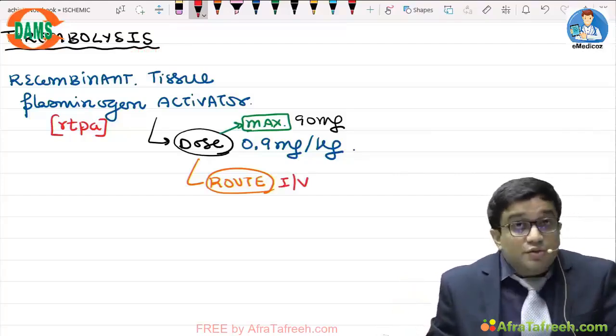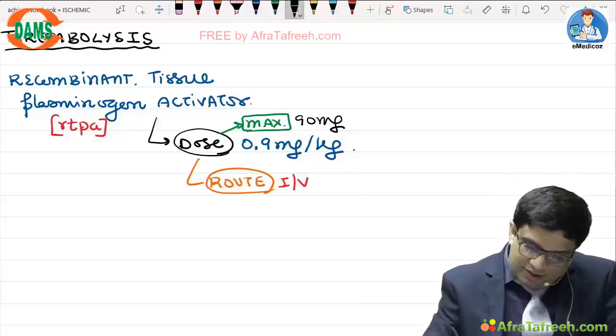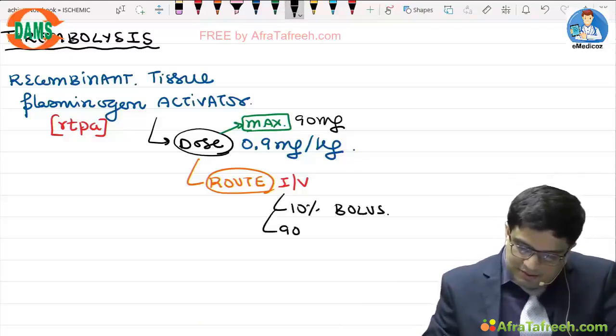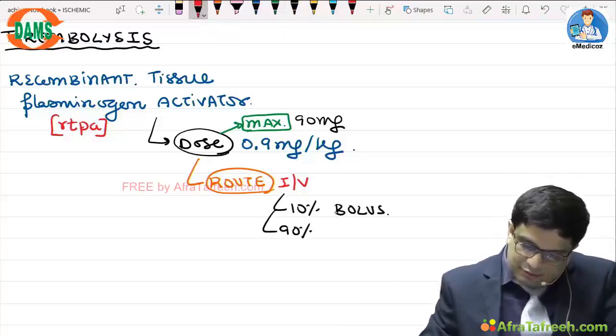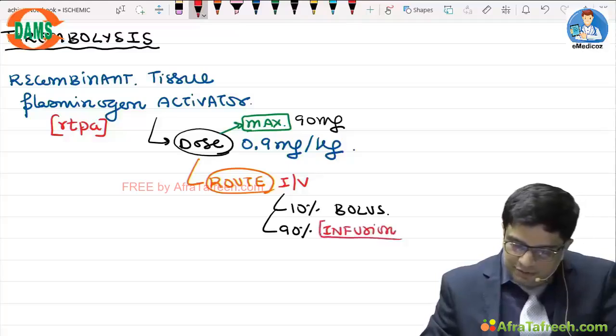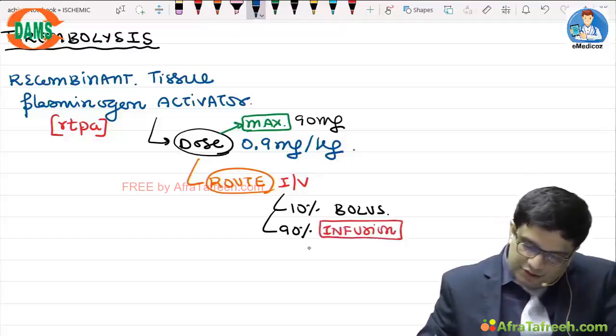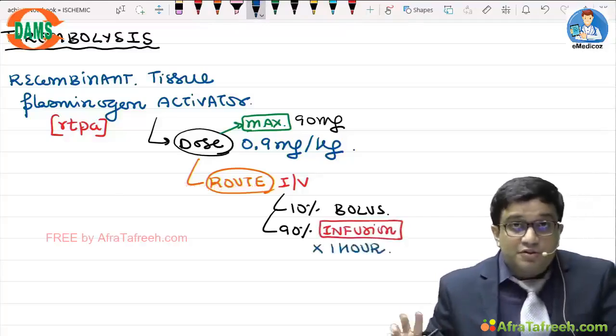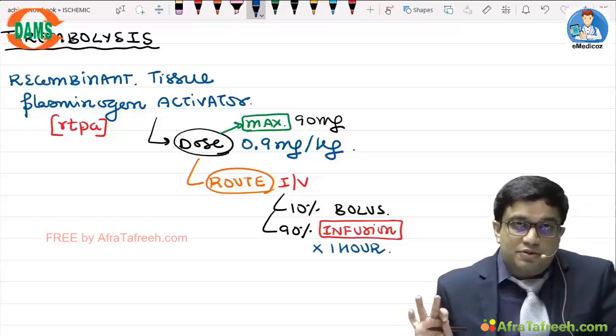Whenever you use the IV, you give 10% of the drug as a bolus, and the rest 90% goes in as an infusion. The infusion has to go in over a duration of 1 hour, so we have to give it slowly, not rapidly. 10% bolus, 90% infusion over the next 1 hour.